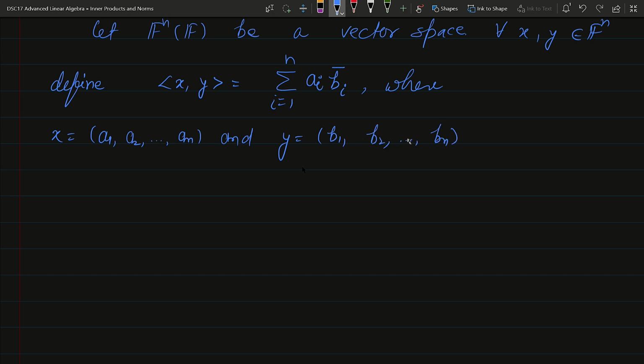So these are elements in F^n. So we are defining a function, this one. Okay, show that this function dot comma dot is an inner product on F^n.